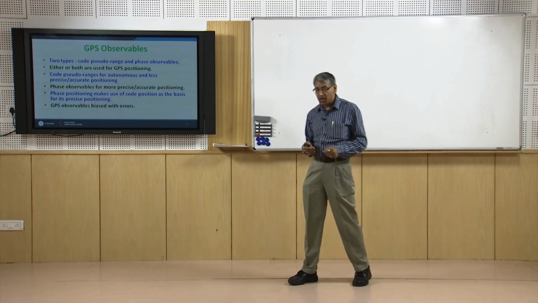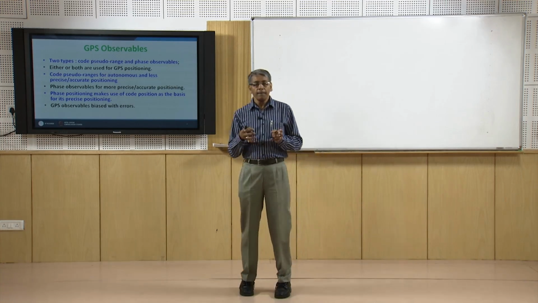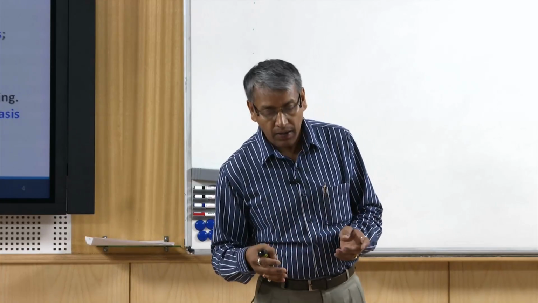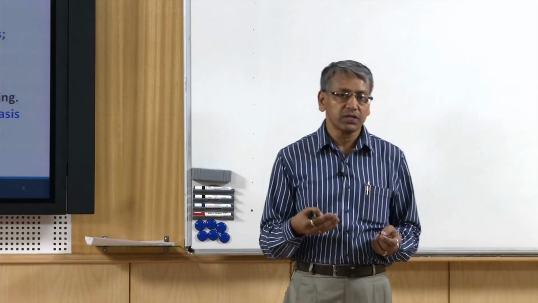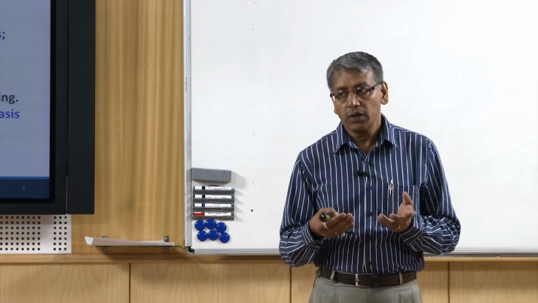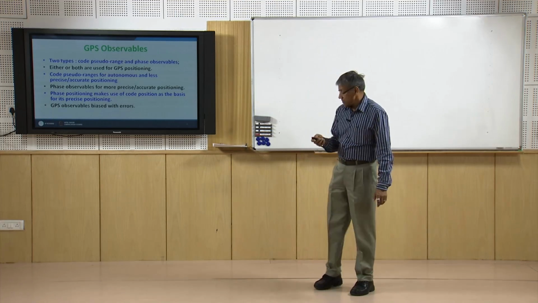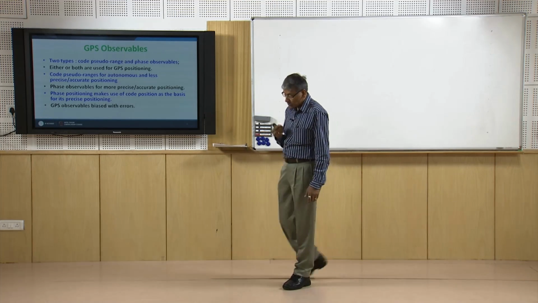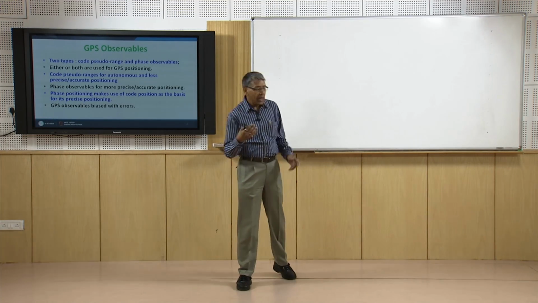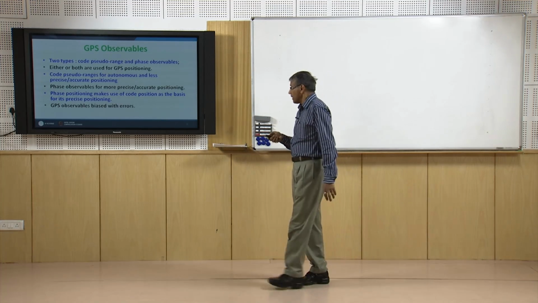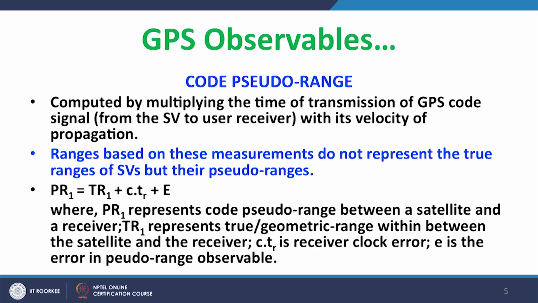However, since these observables come from GPS signal measurements, and measurements are always fraught with errors, these observables also have some errors which we need to know in detail, so that those errors can be removed and we end up with a more accurate, precise position. Now let me discuss the code pseudo range.